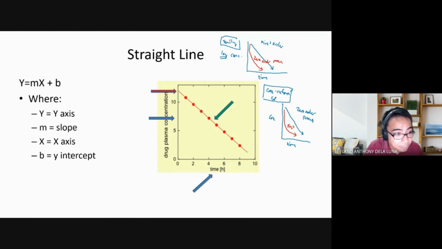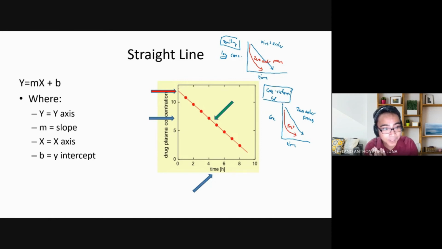So yan yung y-intercept. Now class, ulitin ko lang ha. Diba sa physical pharmacy, to determine whether the order of reaction is first order or zero order, we usually just plot it. Pag straight line sa semi-log, anong order of reaction yun? First order. Pag straight line naman sa cross-sectional graphing paper, anong reaction yon? Zero order reaction.